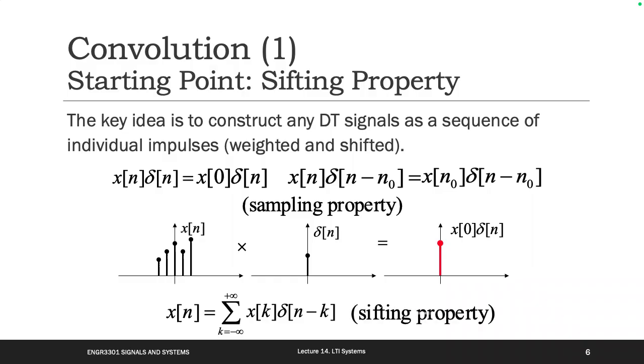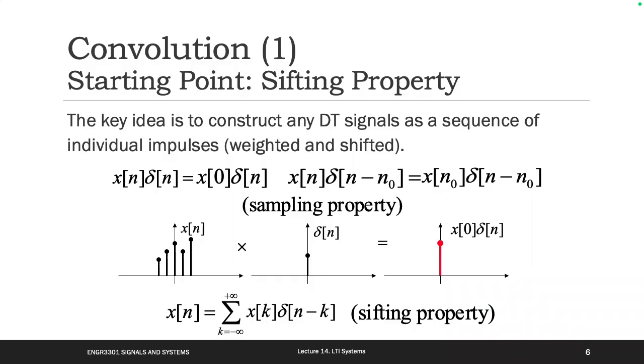Okay. And then we call this the shifting property, which means x[n] equals the sum of x[k] delta[n minus k]. I want to extend it to make it clear. For example, we know x[n] equals the sum over k from negative to positive infinity of x[k] delta[n minus k].